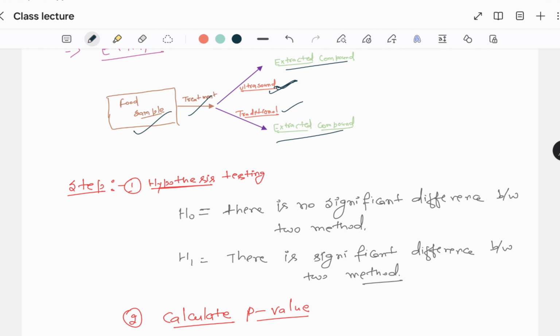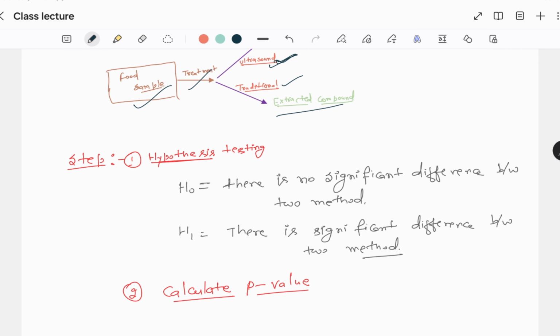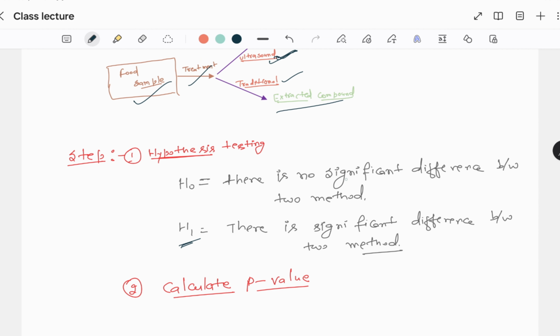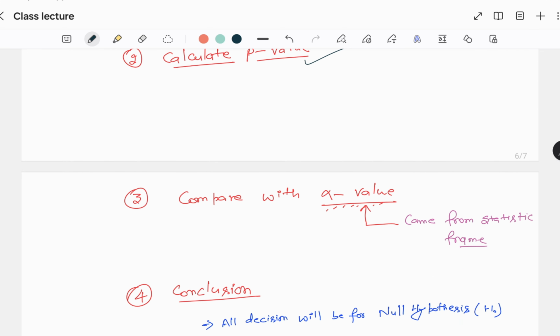We want to support that there is a significant difference, so our alternative hypothesis will be that there is a significant difference between the two methods, and the null hypothesis will be that there is no significant difference between the two methods.